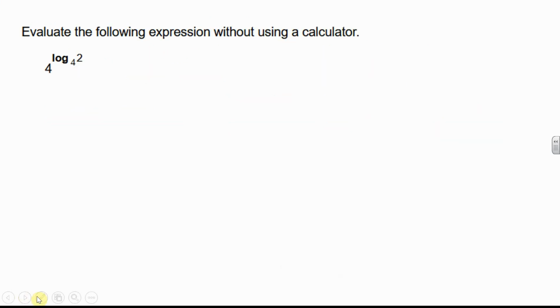All right, evaluate this without using a calculator. This is in exponential form. The base is 4. So I'm going to say, let this equal y. Now remember the definition said that log base b of x is equal to y if and only if b to the y is equal to x.